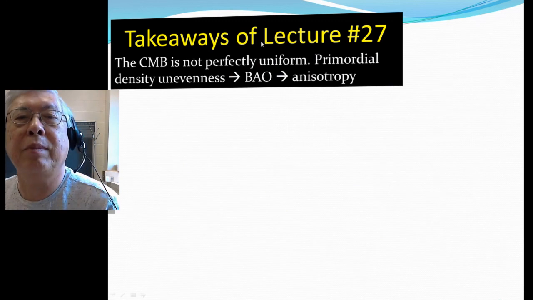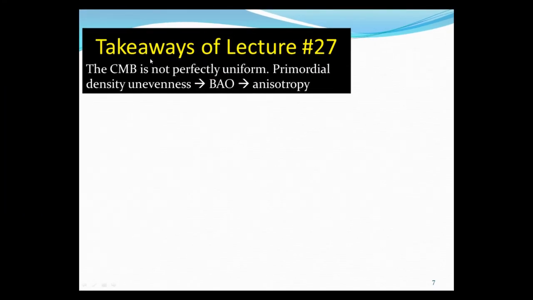Okay, here are the lessons from lecture 27. The cosmic microwave background is not perfectly uniform. The primordial density unevenness is brought about by baryonic acoustic oscillation, and that produced anisotropy.